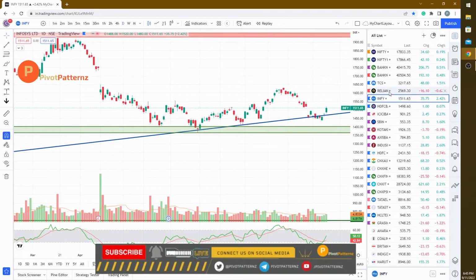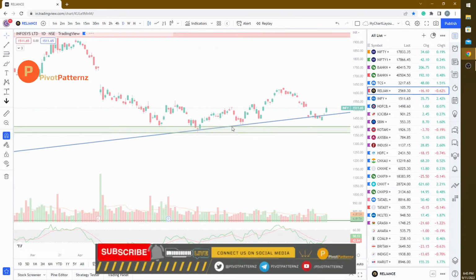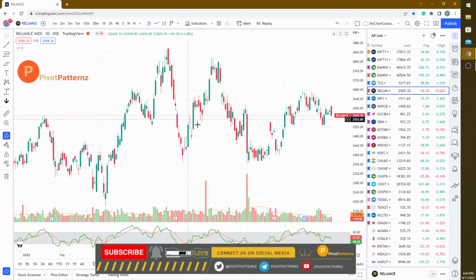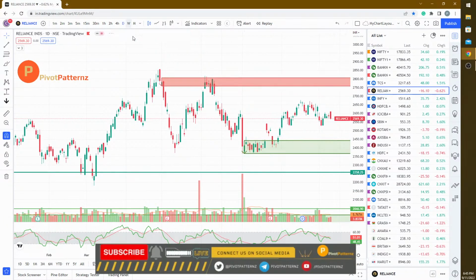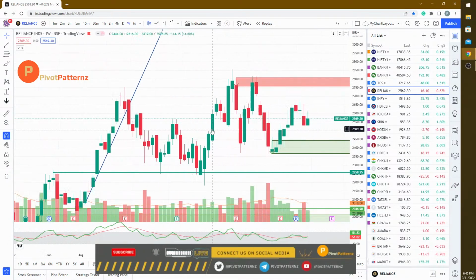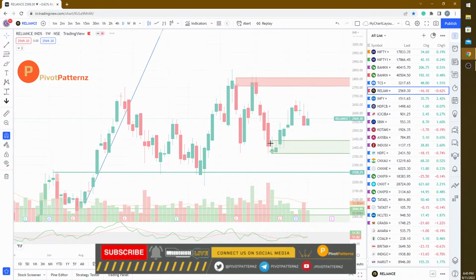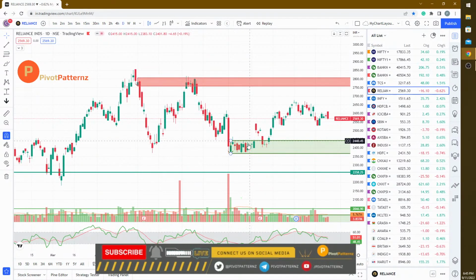If you are buying Infy, there's another stock which I want you to focus on, which is Reliance. I want you to see this. In one of my analyses, I've said this is the consolidation, and if we break out of 2440, then we are heading towards 2590.